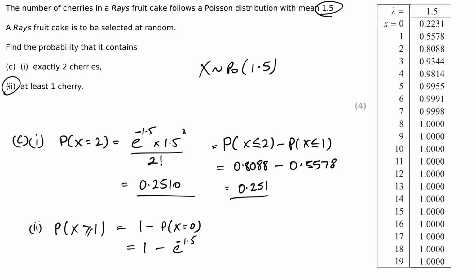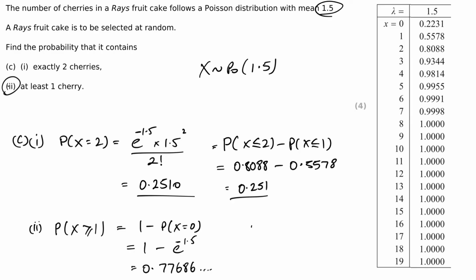Then if we think about it, lambda to the power 0 is 1, over 0 factorial, which is 1. So here I've just got 1 minus e to the minus 1.5, which will give me 0.77686 and so on, which I'll round off in a second.